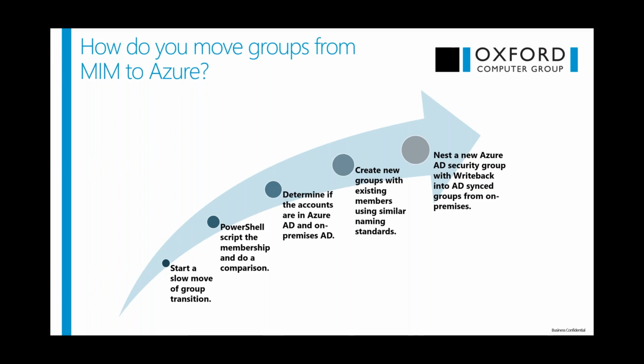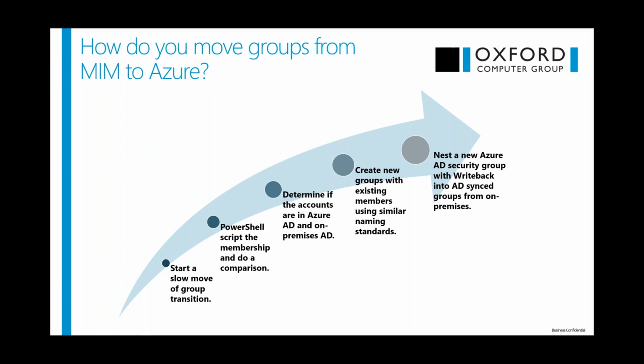So when you create a new Azure AD security group identical to the one inside of MIM, you have the same user accounts for memberships, and you're not providing access, or denying it, because accounts are not inside of Azure AD, when you create that duplicate group inside of Azure AD that you would do from MIM.